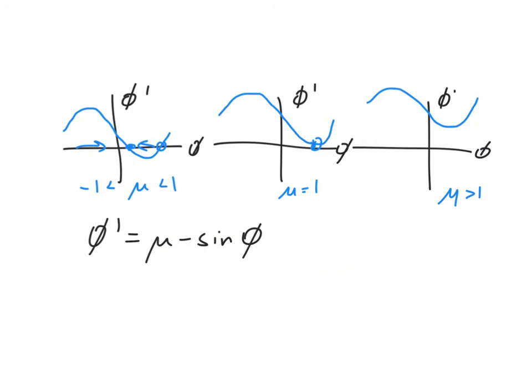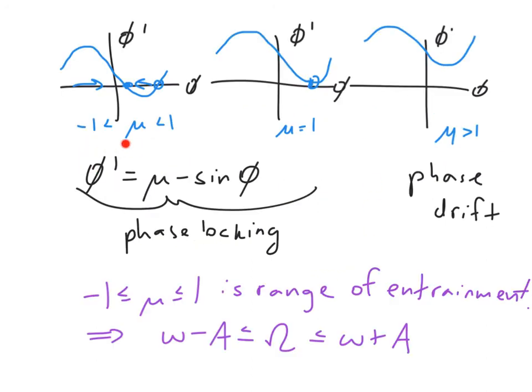Okay, well, what are the implications of this for our firefly? If there's a fixed point, then something called phase locking is happening, where phi is going to just reach some particular value, and so phi is going to be a constant, and that means that phi is not necessarily 0, but it's simply a constant number.